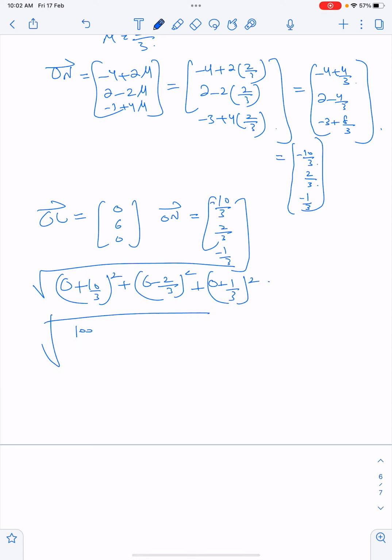This is going to give us 100 upon 9 plus 6 minus 2 upon 3 is 16 upon 3. So 16 square is 256 upon 9 plus 1 upon 9. Okay, so 100 plus 256 plus 1, 357 upon 9, the square root. The answer is 6.29 units, the distance between them.